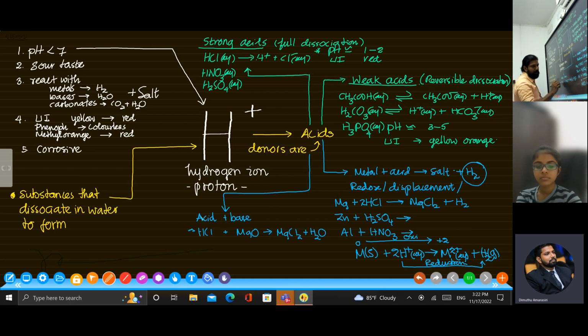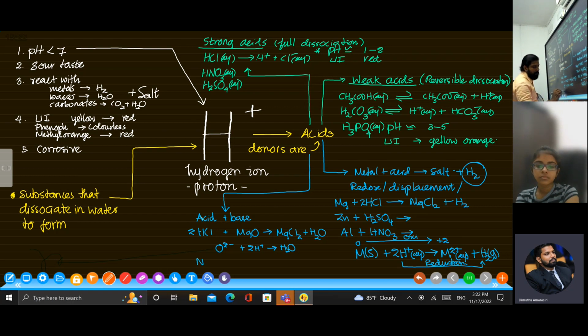These bases have O2 minus and that reacts with 2H plus to give you water. It is not an exact ionic equation because the oxide ion is usually in the solid state. We can't separate it and write it. But anyway, just to get an idea, I write it.